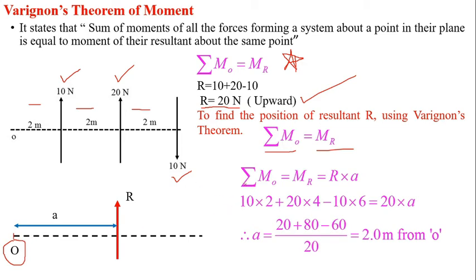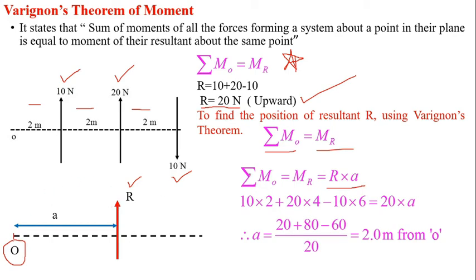So I will modify the equation: summation M about point O is equal to the moment of the resultant. Now the moment of the resultant is R into a about the same point, since this is force R and this is the perpendicular distance between the force R and point O.